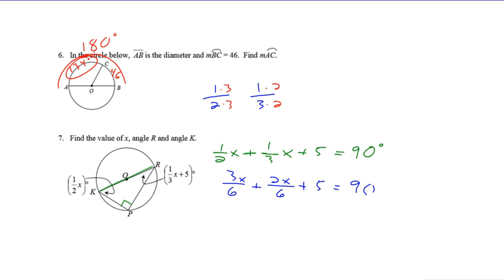I'm going to subtract the 5 as I do this and get 5/6 x. I'm going to divide by the 5, and I'm going to multiply by the 6. And I get x equals 102.